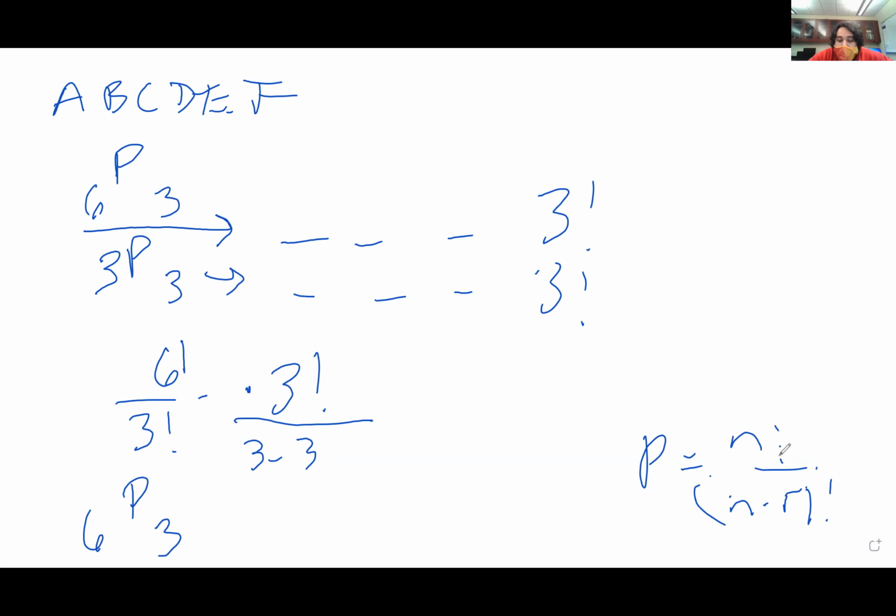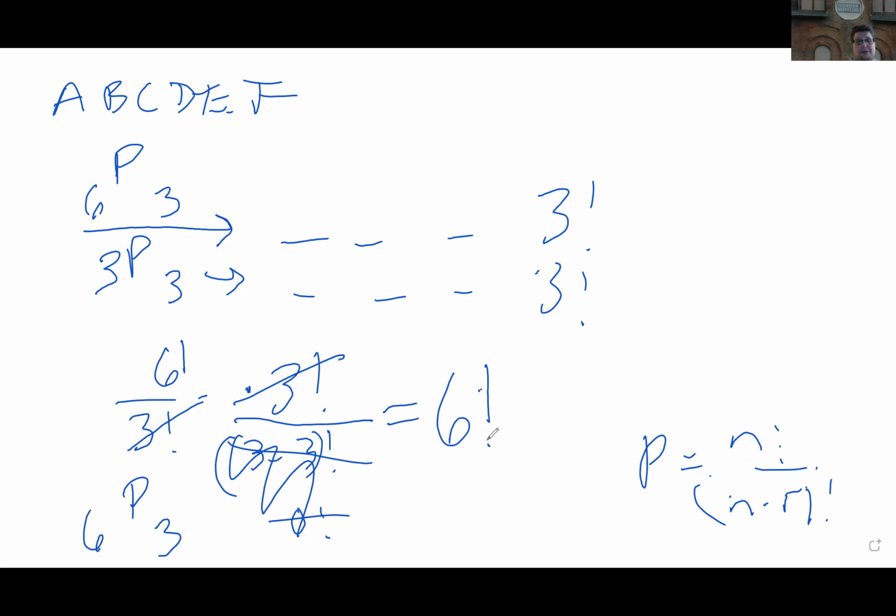Okay, yeah, so that's where I'm getting the 6 over 3. 3 minus 3 factorial is just 0 factorial on bottom, which just means it's 3 factorial, which makes sense. We've only got 3 people left. There's 3 chairs. It should just be the regular 3 factorial. Those cancel out. Wow. It should just be 6 factorial. I see. Which makes sense.